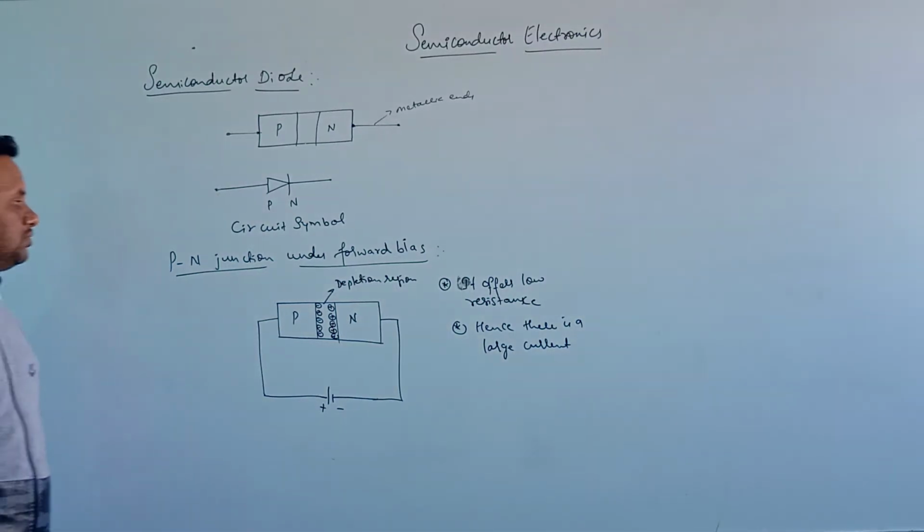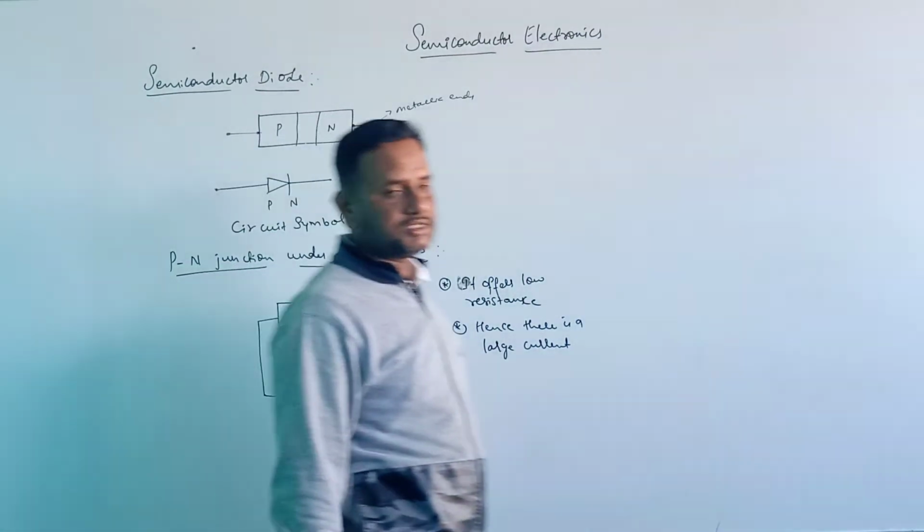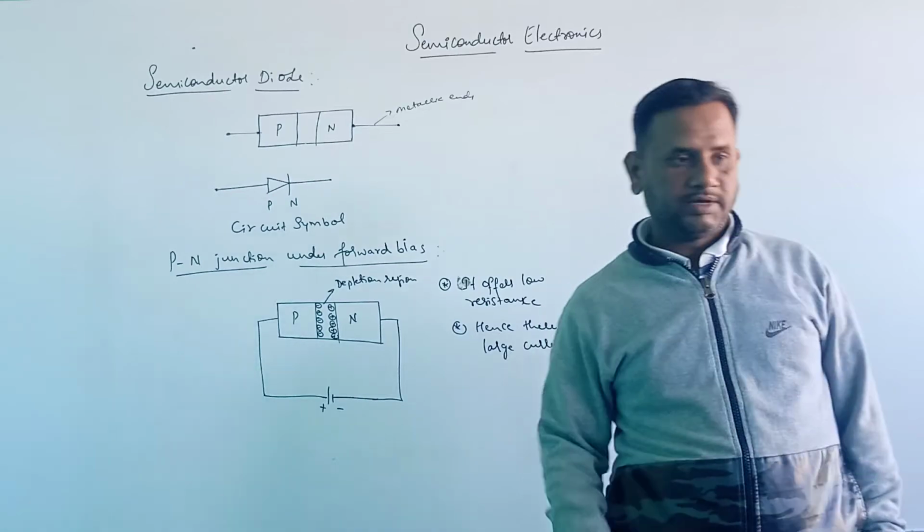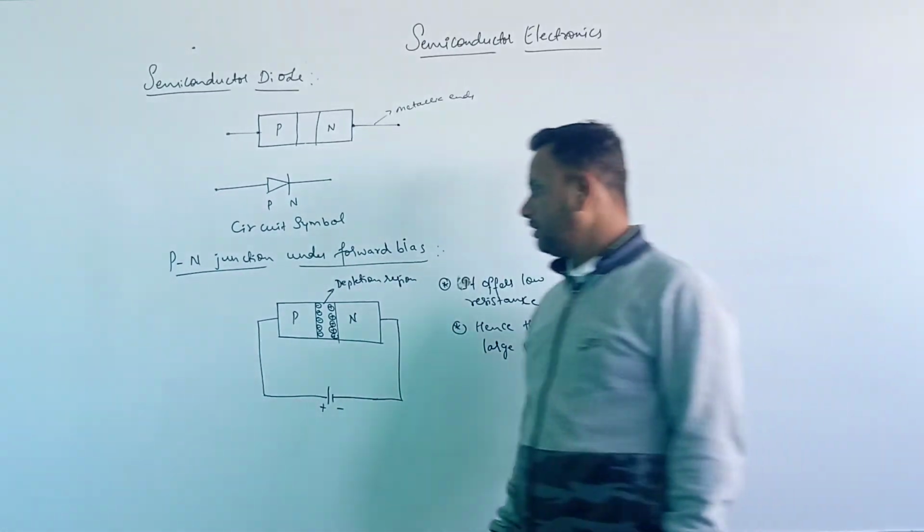Now how does this p-n junction work under forward bias? I'll explain this.